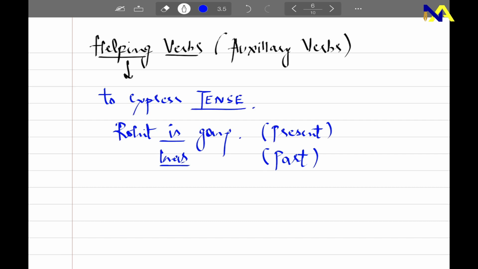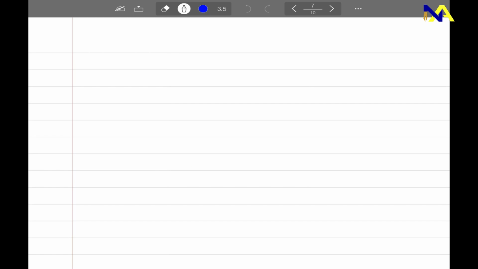Now we will talk about the important three helping verbs, or you can say that they are sort of parent verbs. First we talk about to be. Okay, see this, to be.